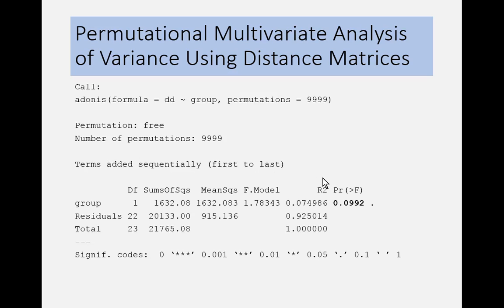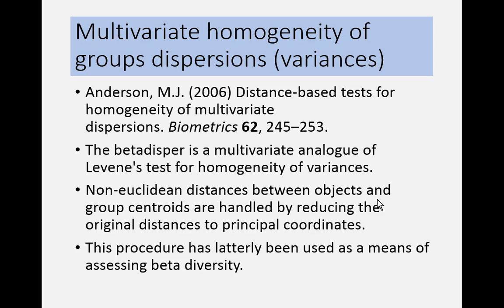Now, it again gives you out a p-value. In this case, again, it gives you a p-value for the group, which is pretty similar to the earlier one. The difference is not statistically significant. It also by default gives you a result from the third statistical test, which can be described as a multivariate analog of Levene's test for variances.